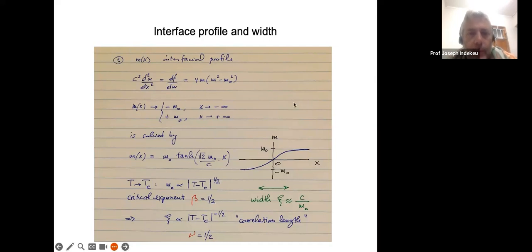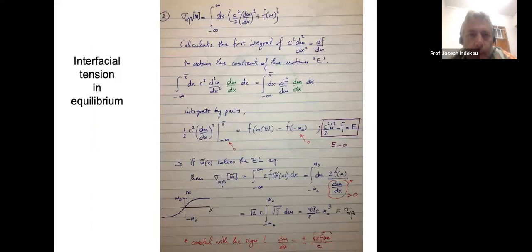So that's quite interesting. And the second step now in our reasoning is to obtain the equilibrium value for the interfacial tension. And the equilibrium value for the interfacial tension is the value that the functional takes if we insert the optimal profile in the functional.